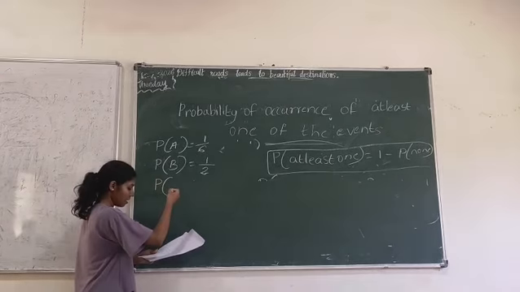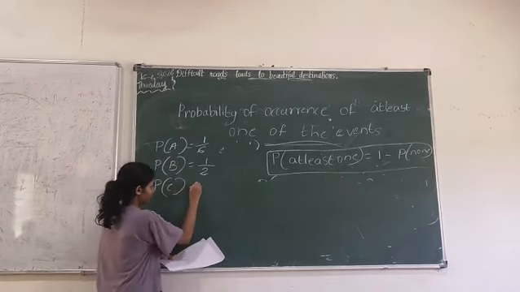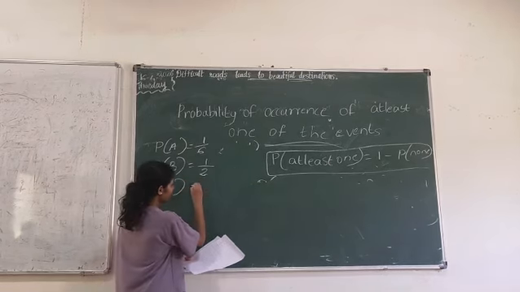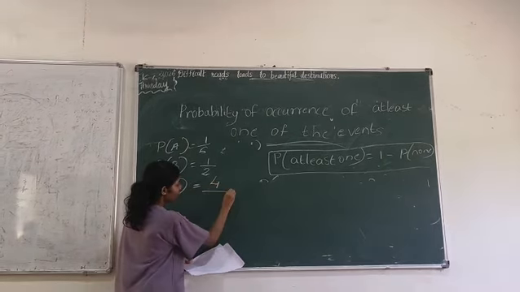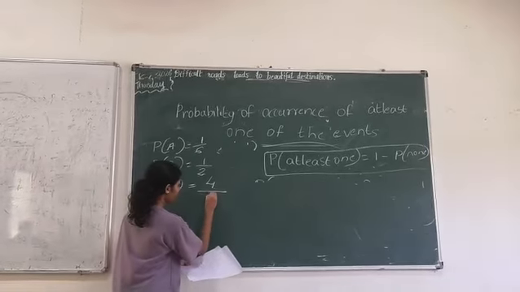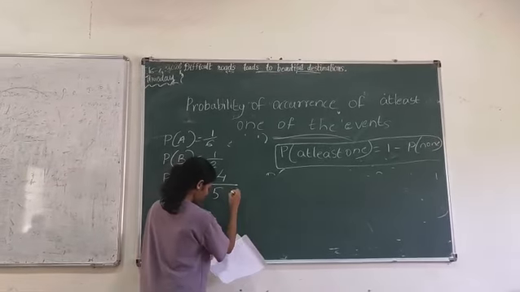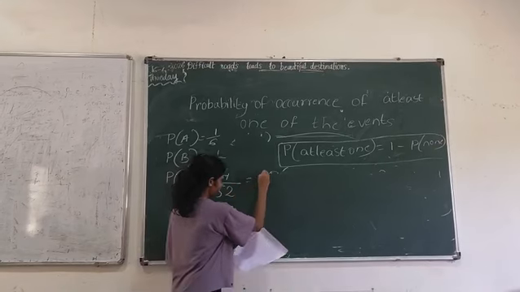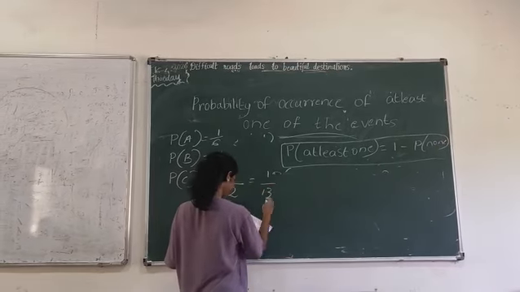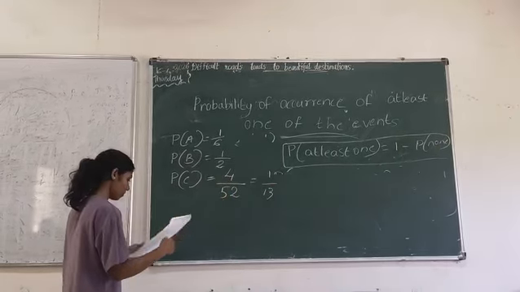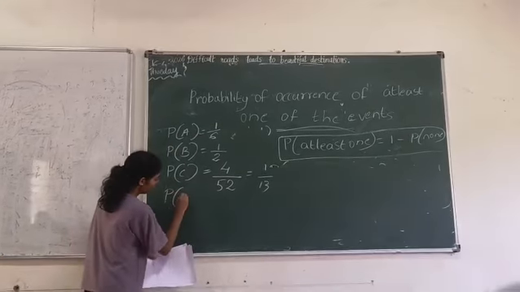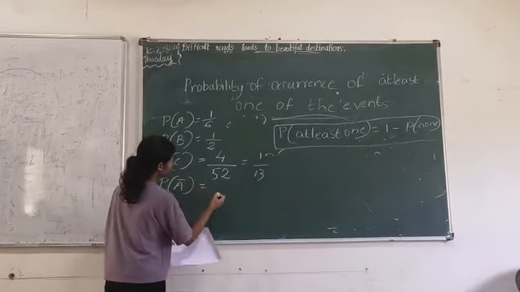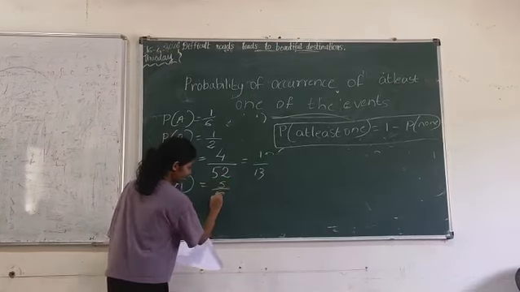Third situation, a card from a deck, and success is getting king. Getting king is 4, and from a deck means 52, equal to 1 by 13. Probability of not getting success in first situation is equal to 5 by 6.